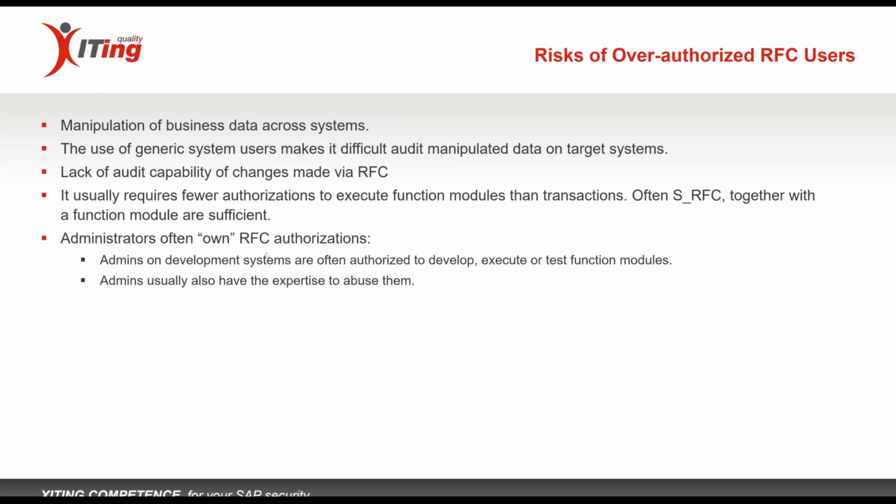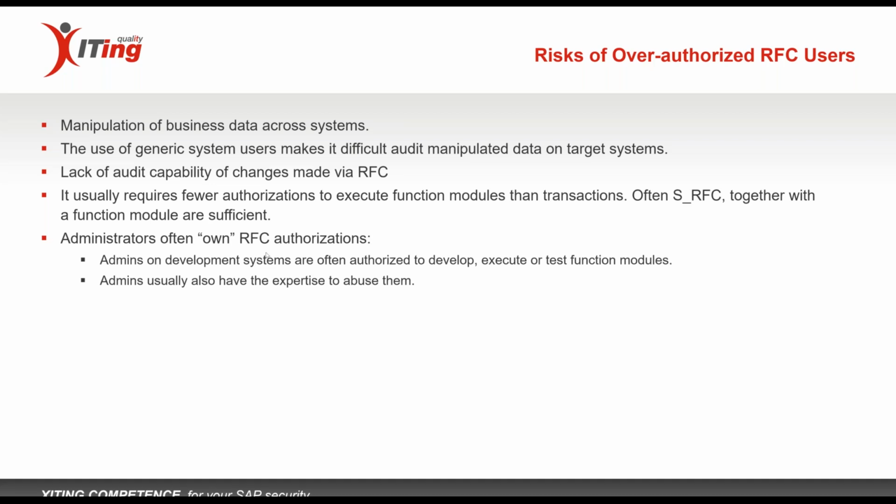If you have S_RFC with wildcards in these system user authorizations, you can just use an SE37 in the development system, and the administrators have these authorizations because they need to develop, execute, and also test function modules in the system. So it's not a big thing to have an SE37 in the development system, because that's their job.